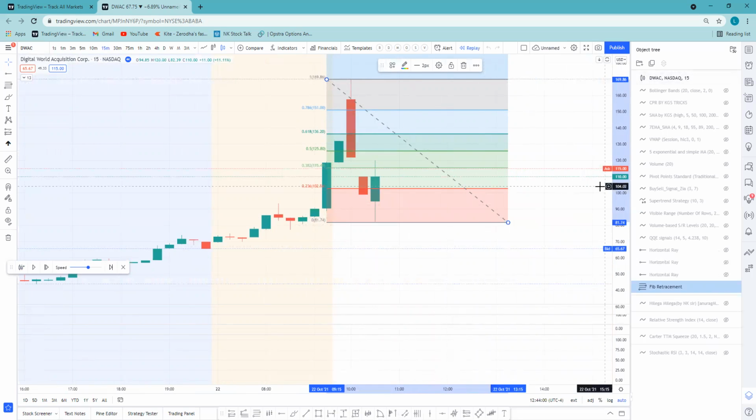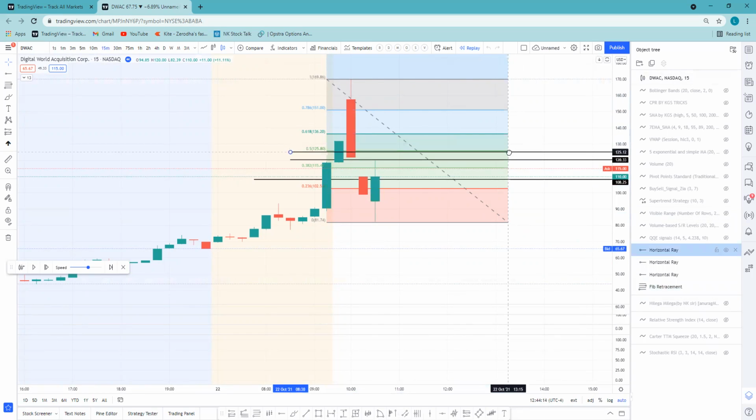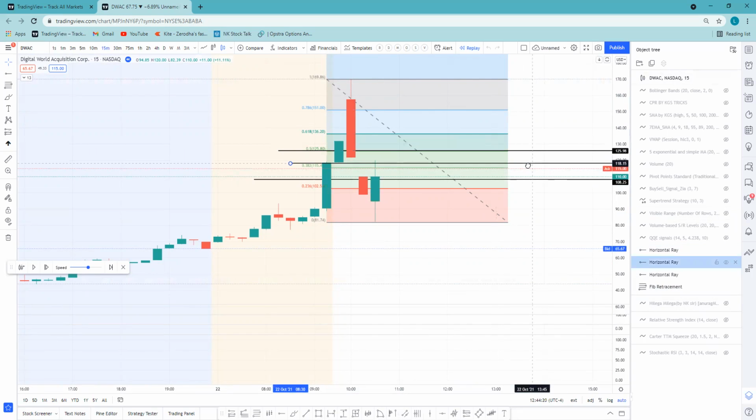We don't know what's going to happen, and this is what we are predicting. We are into the predicting business now. So I'm going to put one line here, on the 50. Second, I'm going to put on the 38.